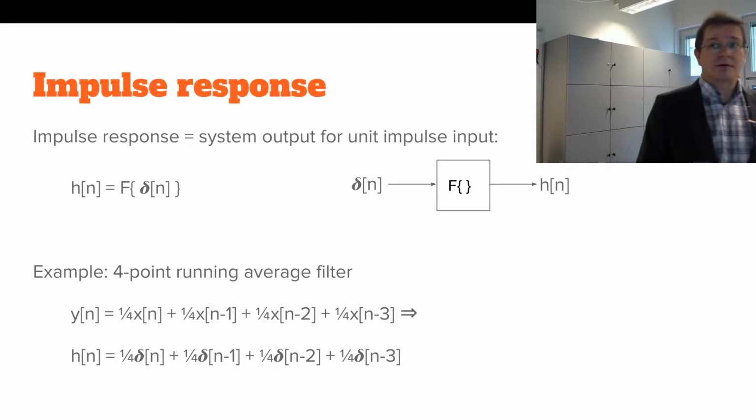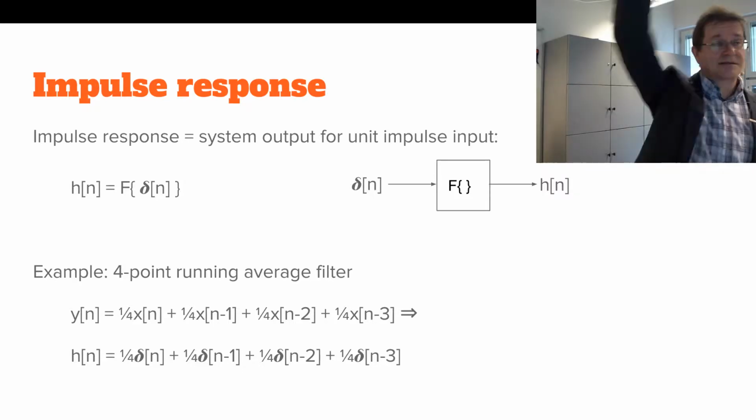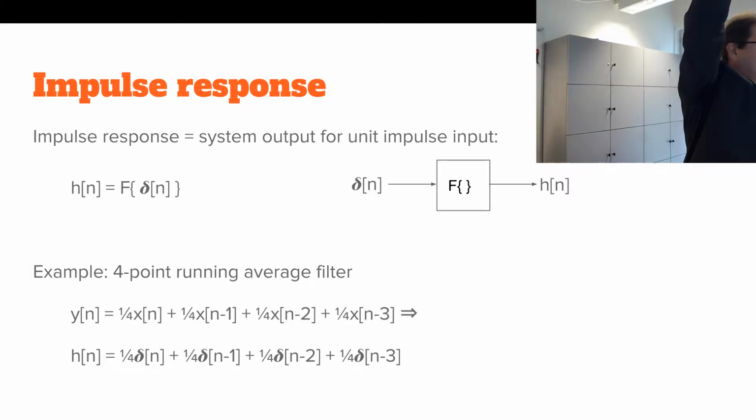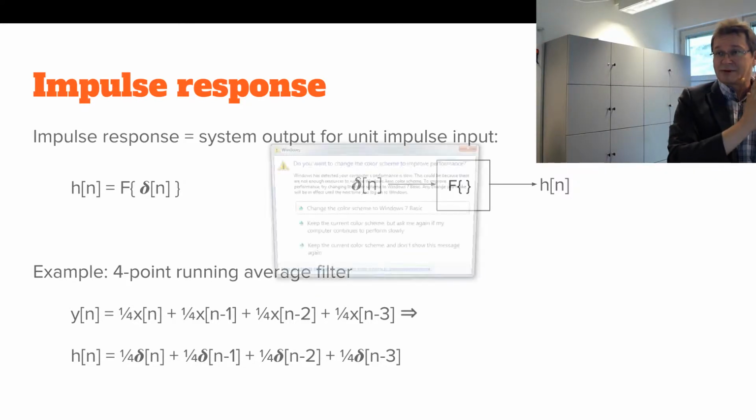In the analog, real world, you would actually use the step response for determining the system properties, just because the impulse is a little bit funny to make in continuous time. It has infinite value for an infinitely short period.